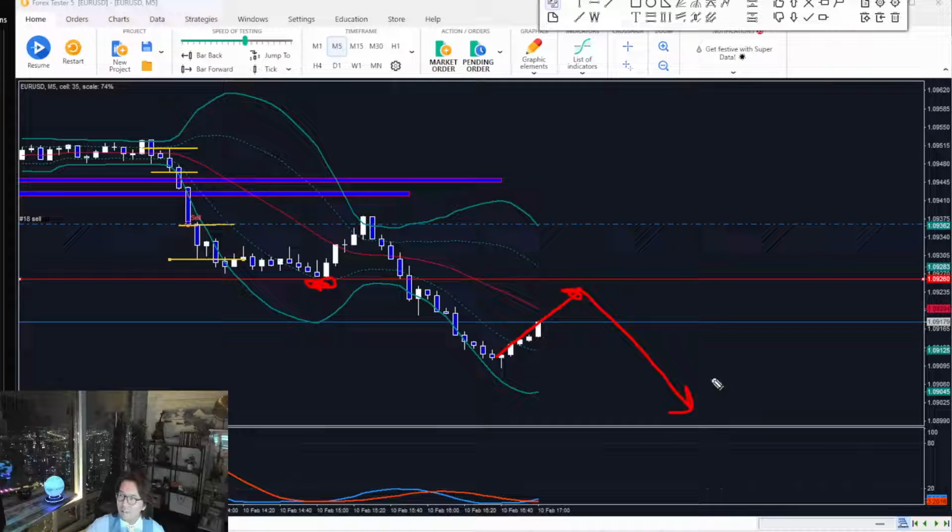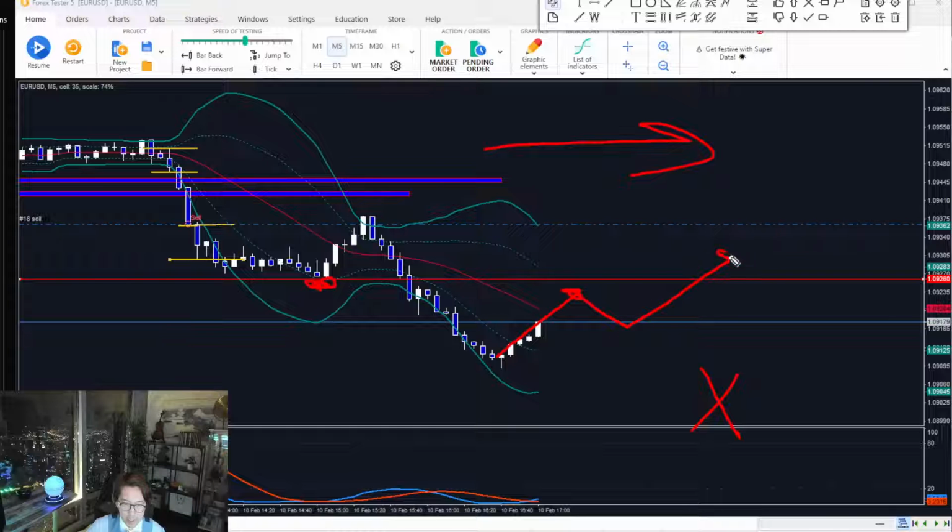As long as the 4-hour time frame is bearish, this is possible, right? But if the 4-hour is now flat, that means this is not possible anymore, right? This may still happen, but it may happen like this also.